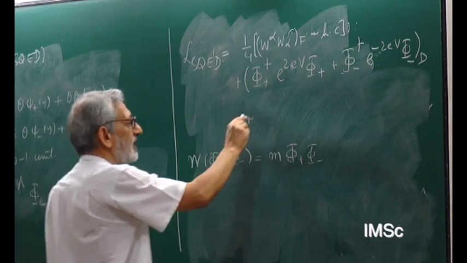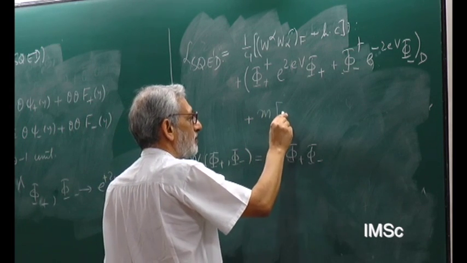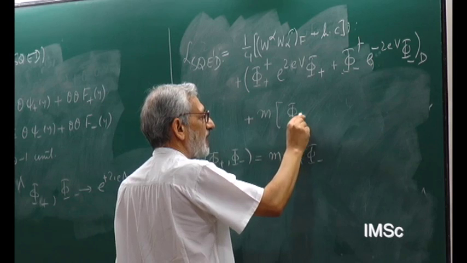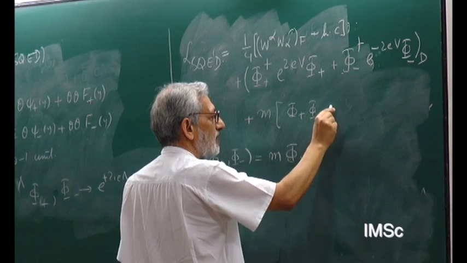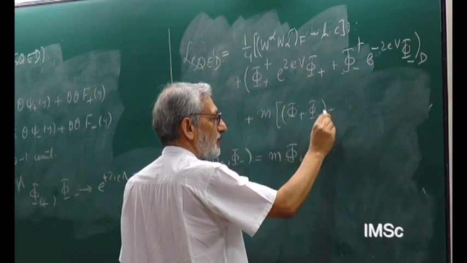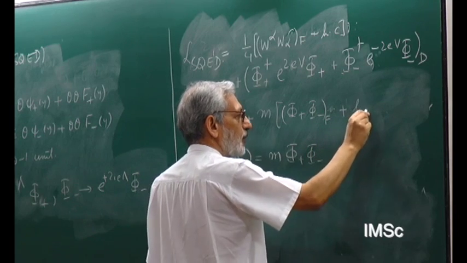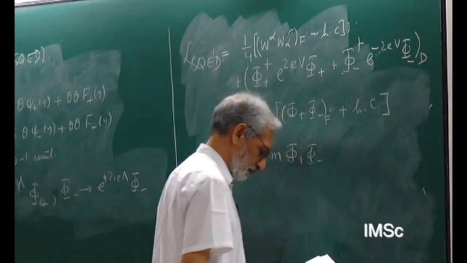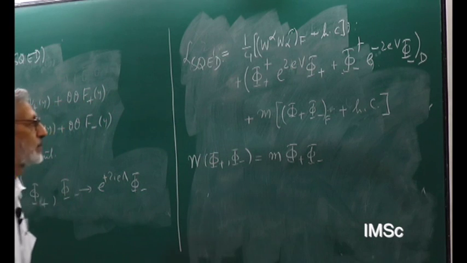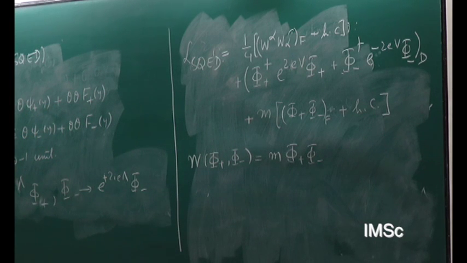So therefore you add m phi plus phi minus and take the F term of that and Hermitian conjugate. So that is the supersymmetric QED.